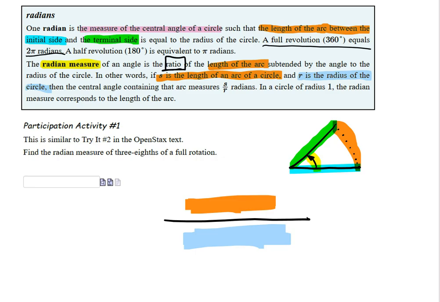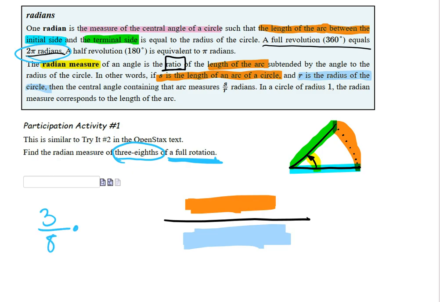Okay. First things first, it says find the radian measure of 3/8 of a full rotation. A full rotation is 2 pi radians, and we want to take 3/8 of that.